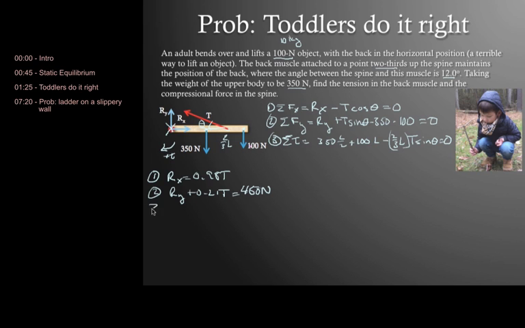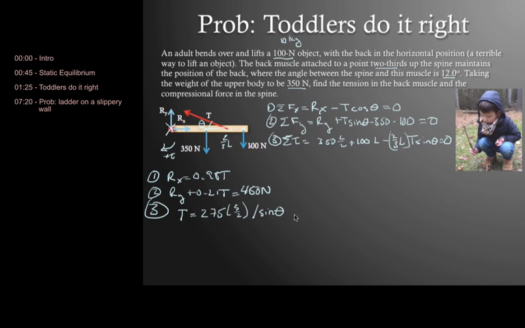Then we can look at number 3 and start plugging in some stuff. Here I'm just going to solve for T. So T is equal to 275 times 3/2 all over sine theta. And I actually know all this information. I know what theta is. I know what L is.